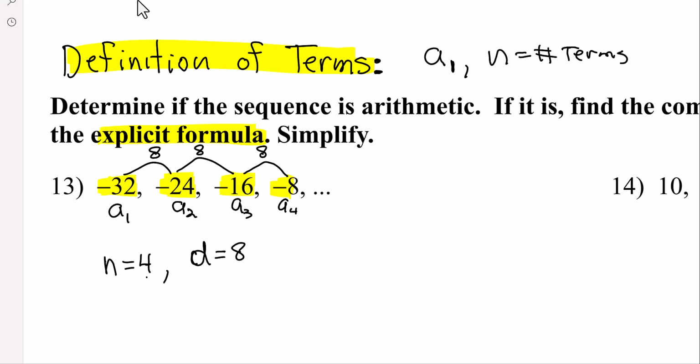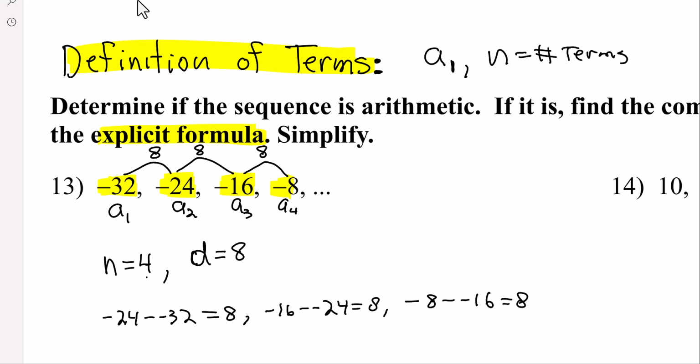So here's another way to do it. If we did negative 24 subtract negative 32, we would get positive 8. And then negative 16 subtract negative 24, we would get 8. Then negative 8 subtract negative 16.